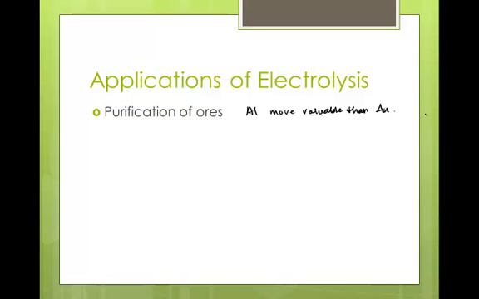Think about aluminum siding on a house. We have no trouble with aluminum, and certainly we would not put gold siding on our house because gold is quite valuable. But back in the 19th century, aluminum was actually more valuable than gold because no one knew how to purify aluminum in large amounts.